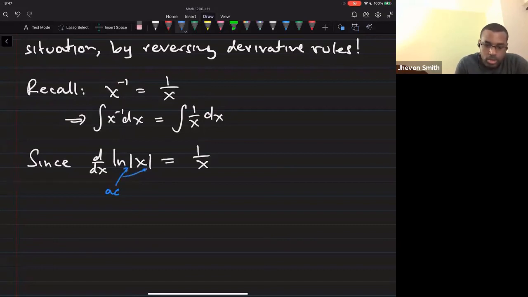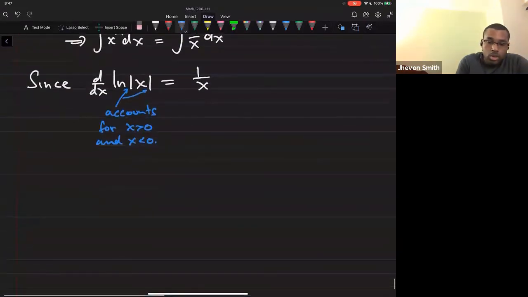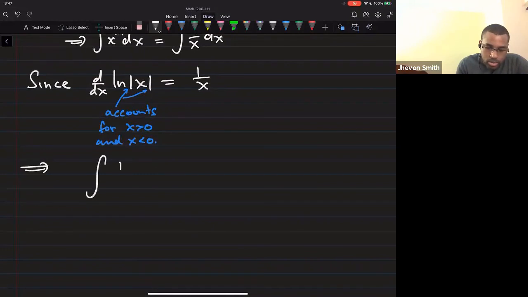That's what the absolute values do. Accounts for x greater than 0 and x less than 0. So this means that the antiderivative of 1 over x dx is going to be ln of the absolute value of x plus c.